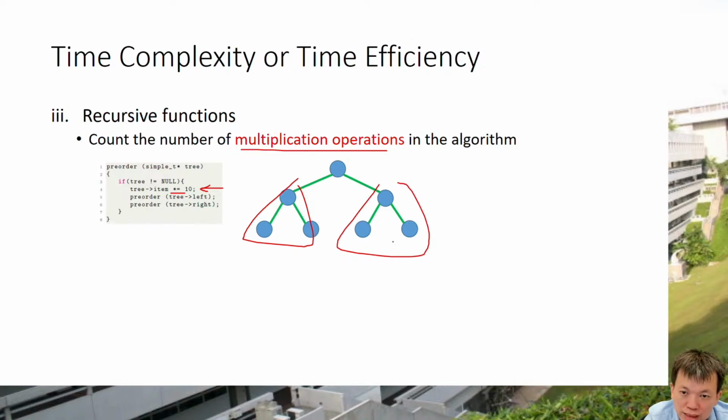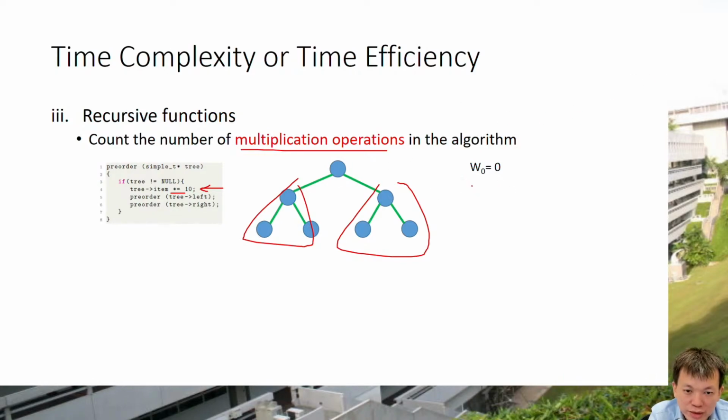So what is the total number of multiplication operations done in this algorithm? Intuitively, you know that this tree traversal will visit every node, so in the end it is the total number of nodes. But how do we analyze it? Let's say you don't know.